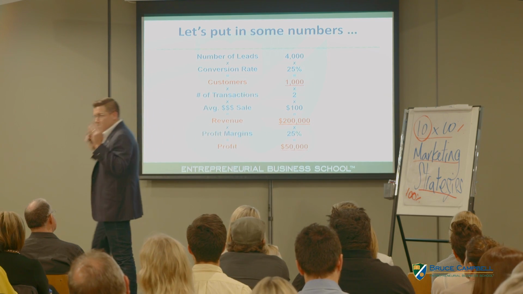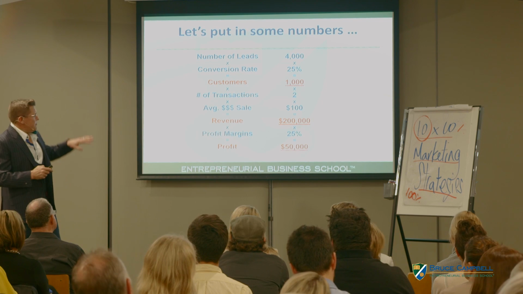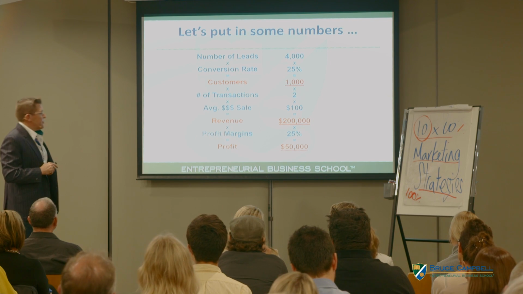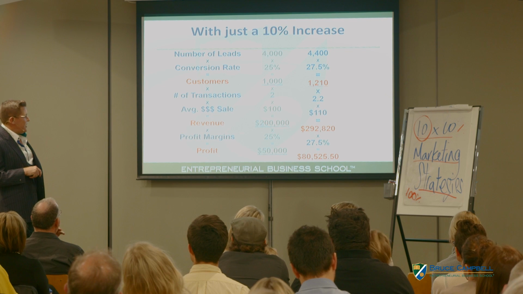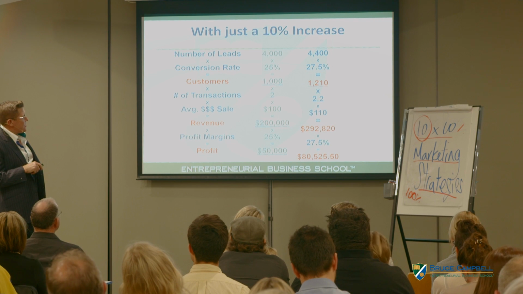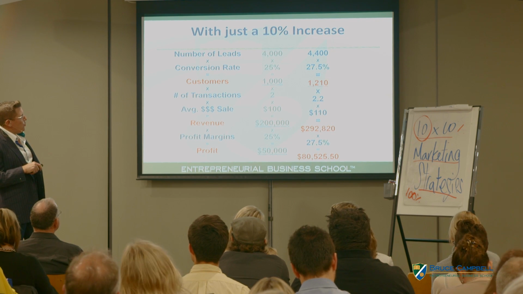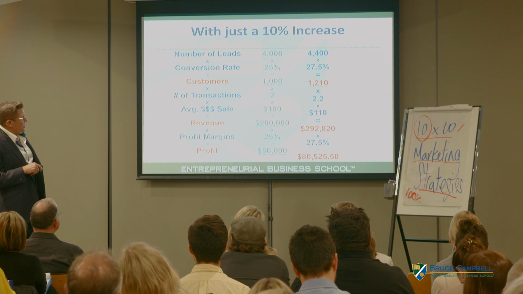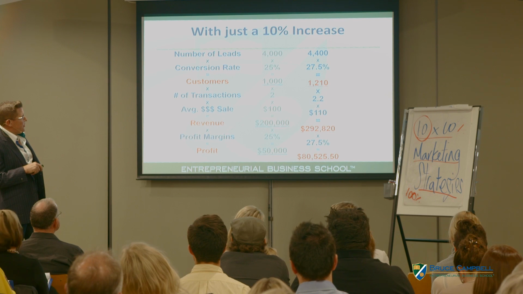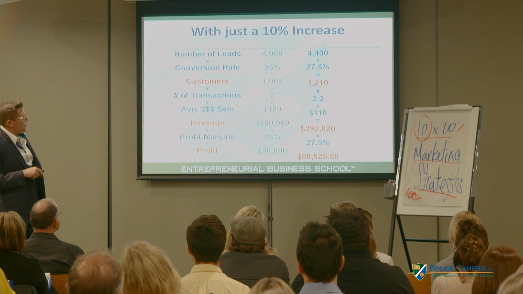Does that make sense? So, in terms of how the 5 ways rolls, this is the 5 ways. You all said yes that you could take it up 10% on each. 4 becomes 4,400. Ten percent up on a percent is not 35, it's 27.5.